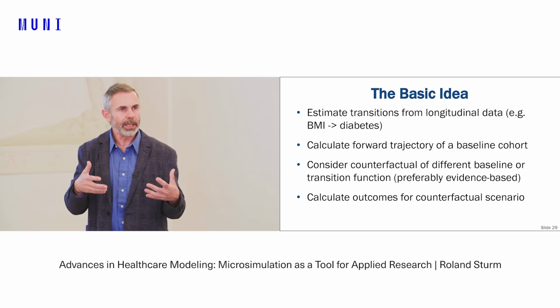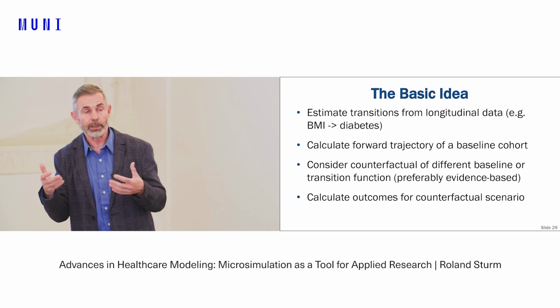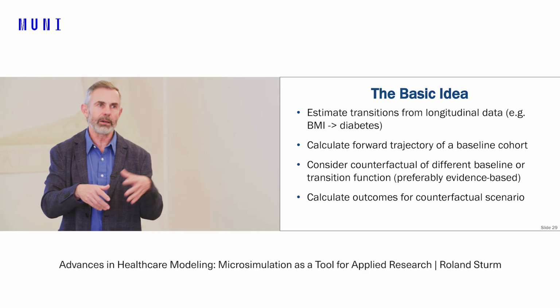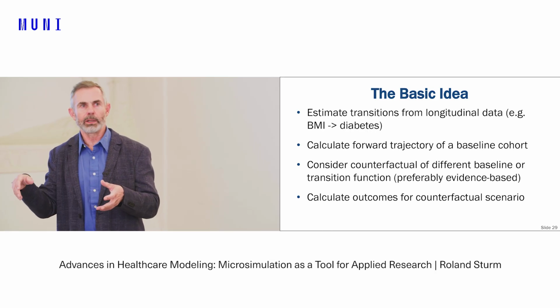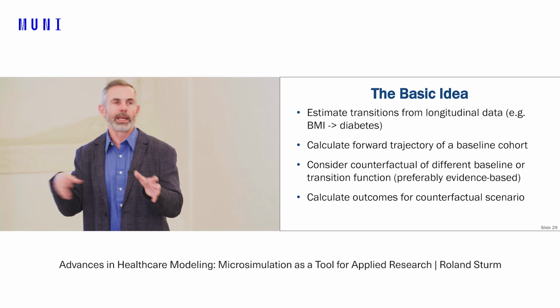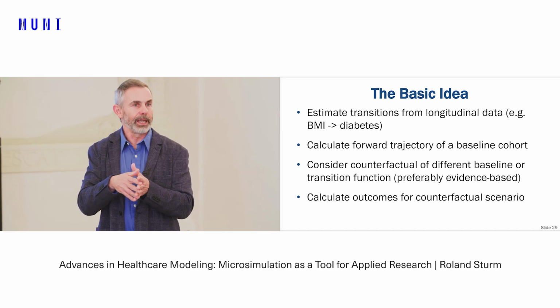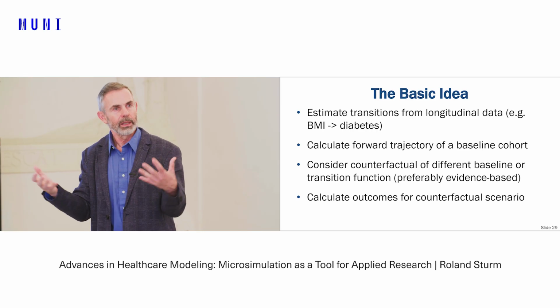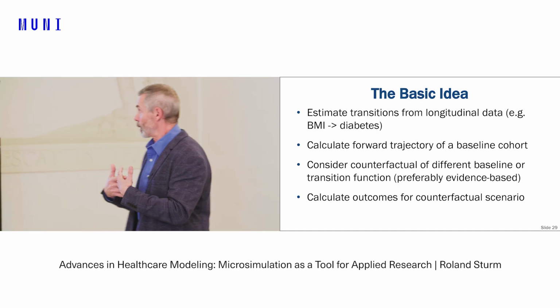It's a simulation. We don't really know what the trajectory is, so we take individuals and run their lifetimes over and over again. So 50 now, 52, 54, 56, you get a heart attack. Okay, we start another life for them. You simulate different life trajectories over time and eventually summarize over your population.